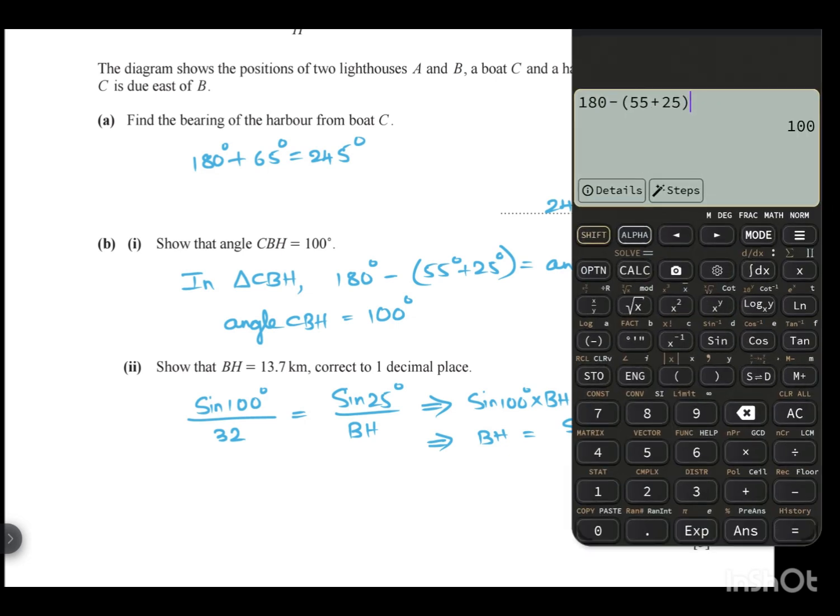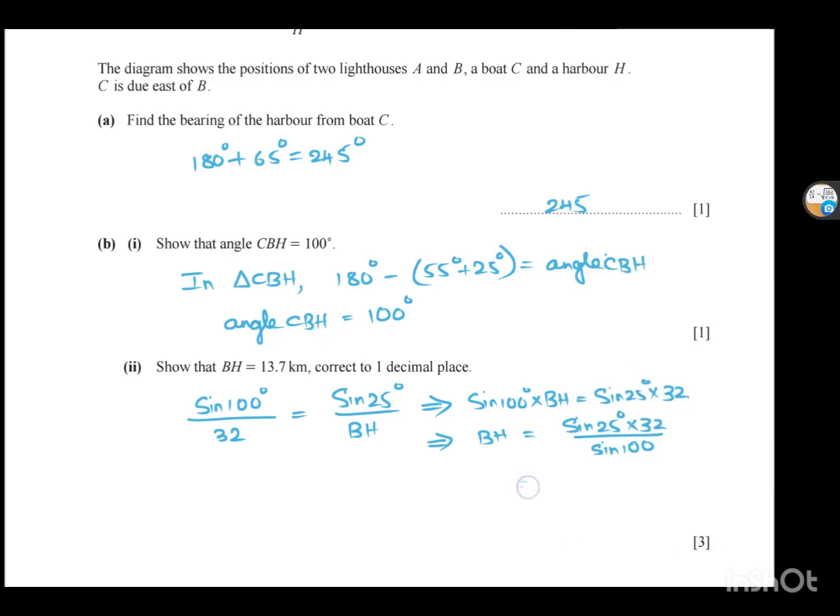Use the calculator here: sine 25 into 32 by sine 100 gives 13.732. If I round it to one decimal place, it is 13.7 kilometers. Hence we have shown.